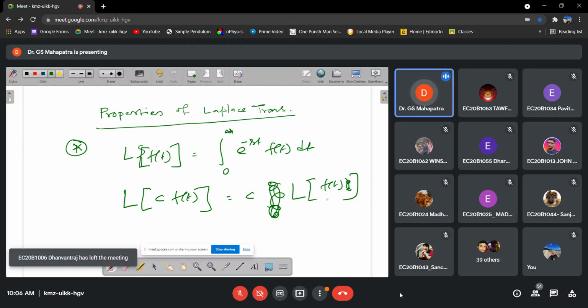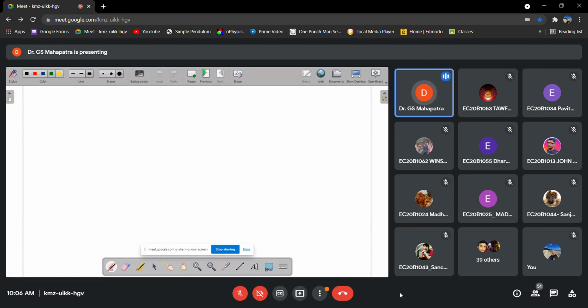If this holds, what will be the first property of the Laplace transform?